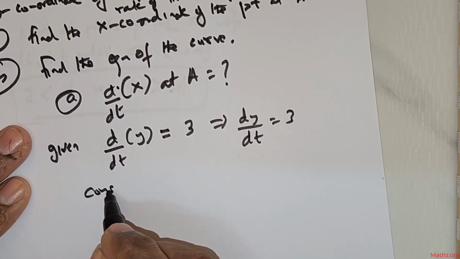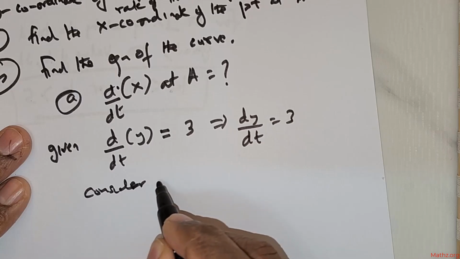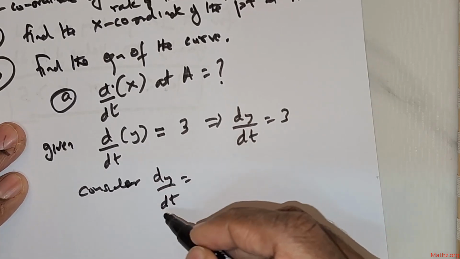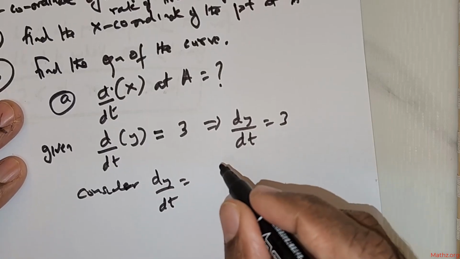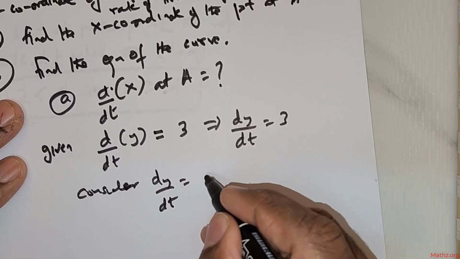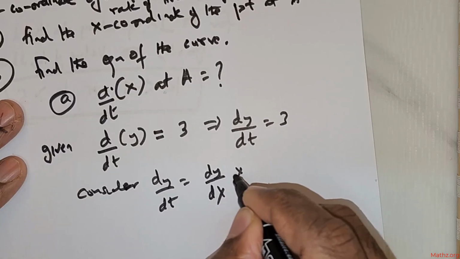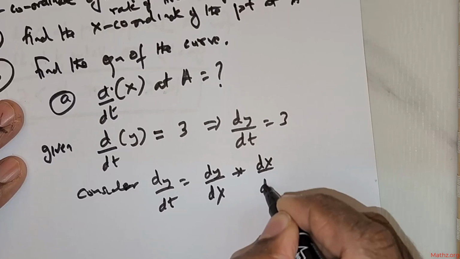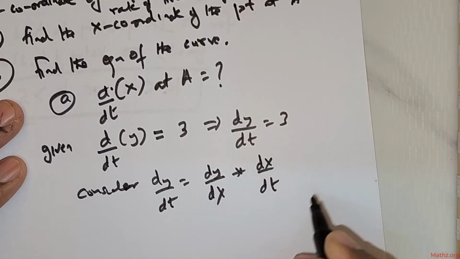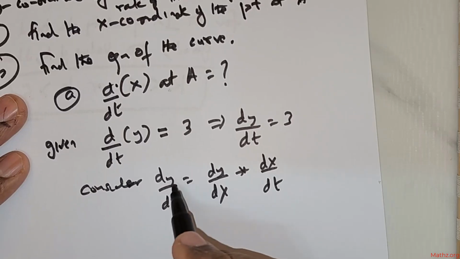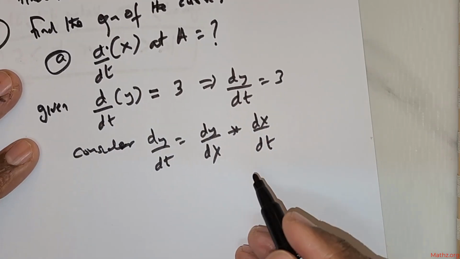Now you consider dy over dt. If I want to write dy over dt as some terms involving x, then I can write it like this: dy over dx multiplied with dx over dt. The dx and dx can be cancelled, right? So ultimately we are just rewriting dy over dt in this fashion.